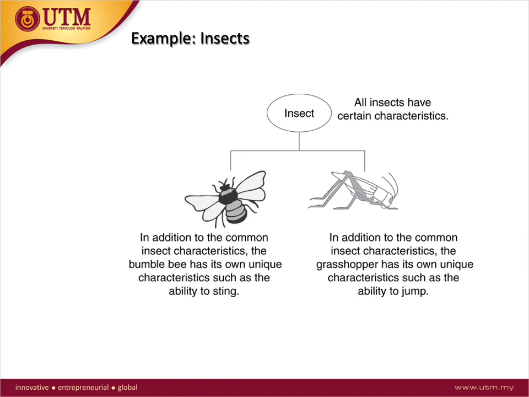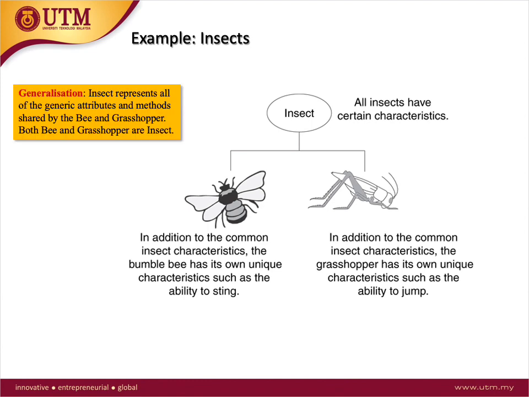So anything here is generalization. Generalization here means insect represents all the generic attributes and methods shared by the bee and grasshopper. Bee and grasshopper are insects, so all the characteristics will be shared. That is generalization.